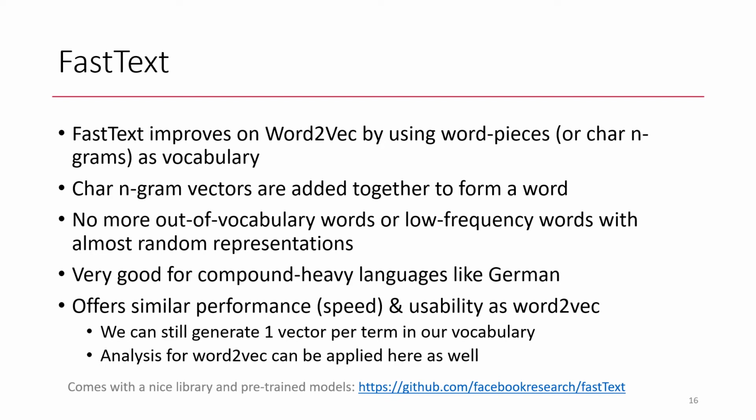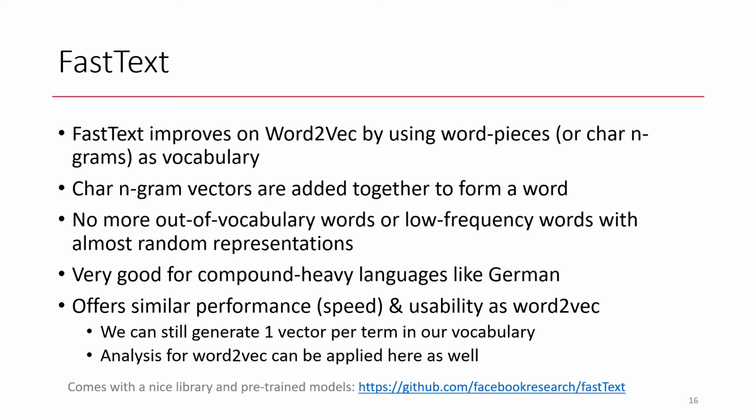And it's very good for compound heavy languages like German, which for basically the same word would need multiple word embeddings, and each time you add a compound you get a new entry in your vocabulary, but not so with FastText.